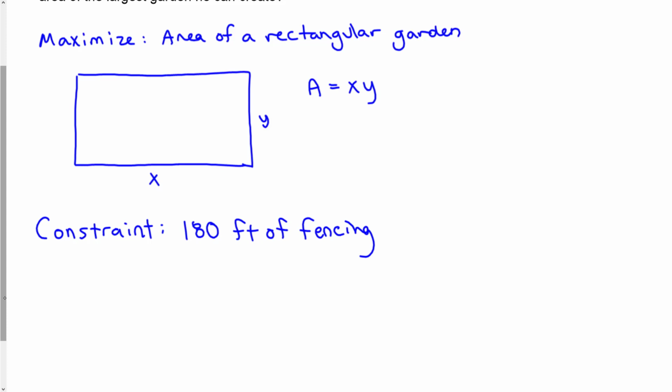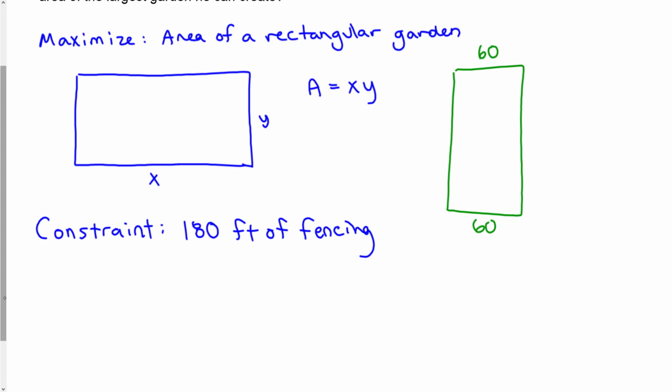Just working things through in my mind here of how this would pan out. Let's say I start building a garden and I make it rectangular. I've got to use up all 180 feet of fencing. So let's say I have 60 feet in one direction, so that would be 60 feet in this direction too, for a total of 120 feet.